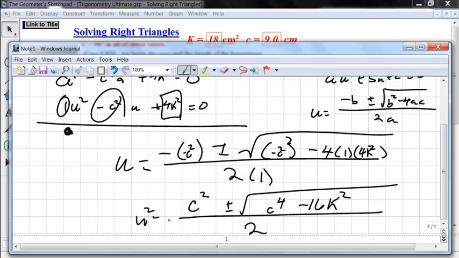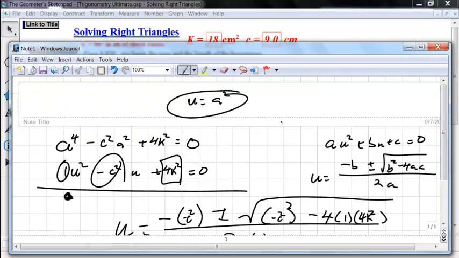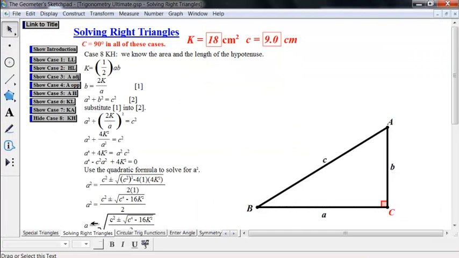Now that's u equals that. But u is a squared. Okay, so let's go back. And we have a squared is c squared plus or minus the square root of c to the 4th minus 16k squared, over 2.